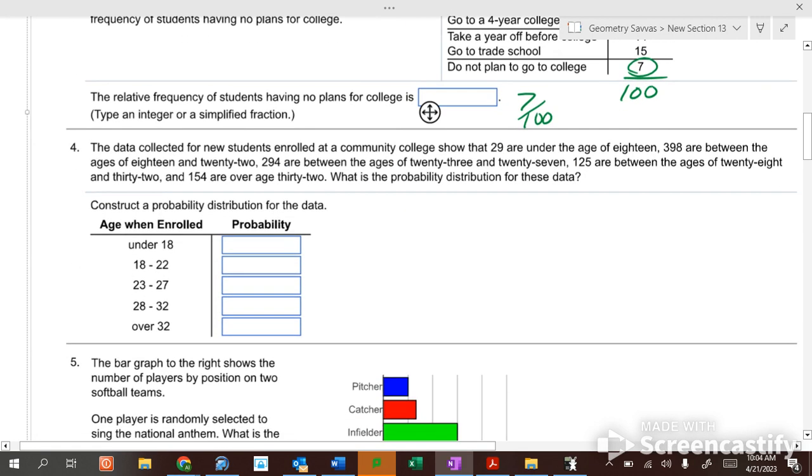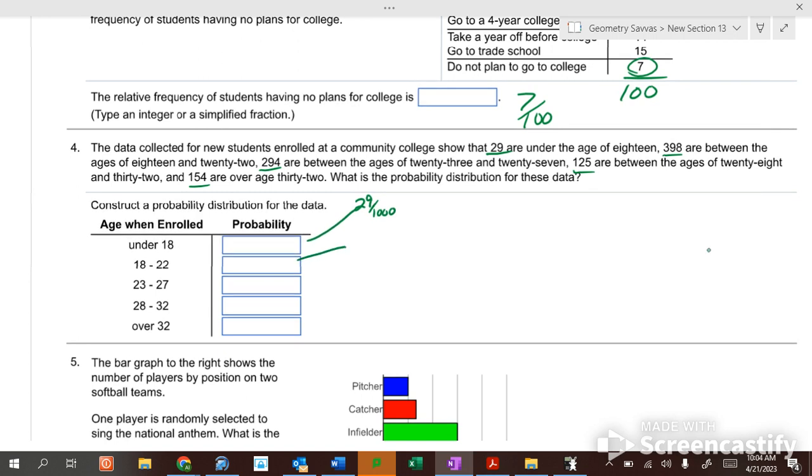Here they want a probability distribution. So you add up 29, 398, 294, 125, and 154. If you add them up, what do you get? Exactly 1,000. So the probability distribution for under 18 is 29 out of 1,000.